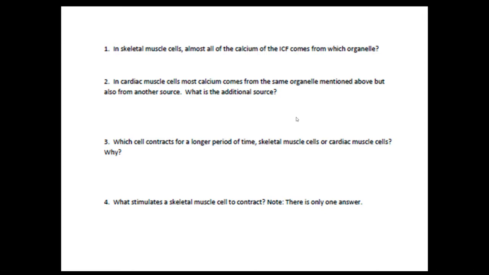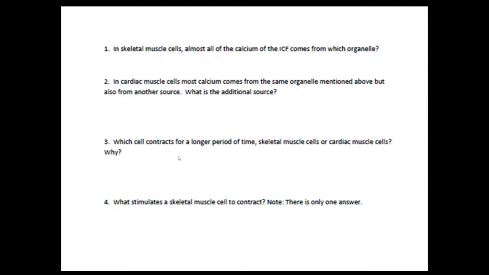There are calcium channels in the plasma membranes of cardiac muscle cells that also allow calcium to come in from the extracellular fluid. So blood levels of calcium can affect your heart. They can affect how those cardiac muscle cells contract.